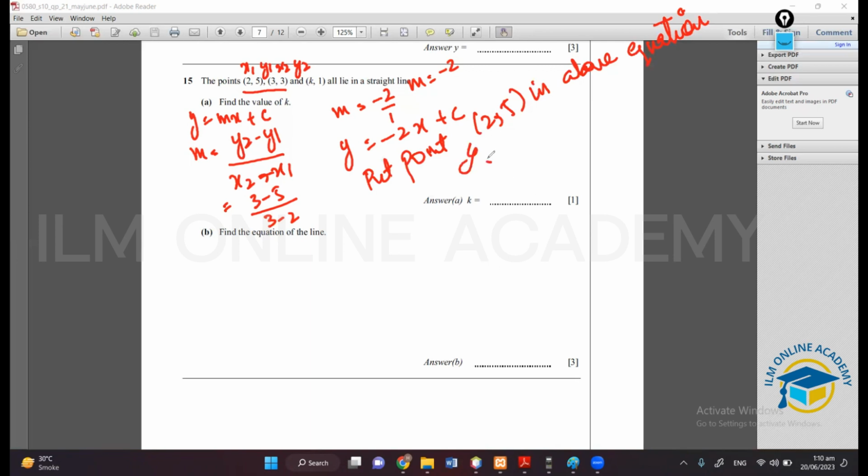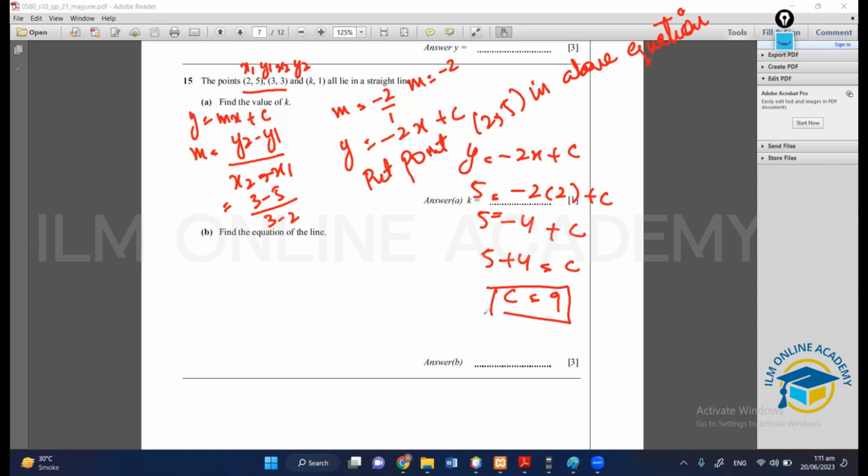So y equals minus 2x plus c, and y is 5, minus 2 multiplied by 2 plus c. So 5 equals minus 4 plus c, and 5 plus 4 equals c, and c equals 9. Okay, so now we have c equals 9, and we also have found the value of m.